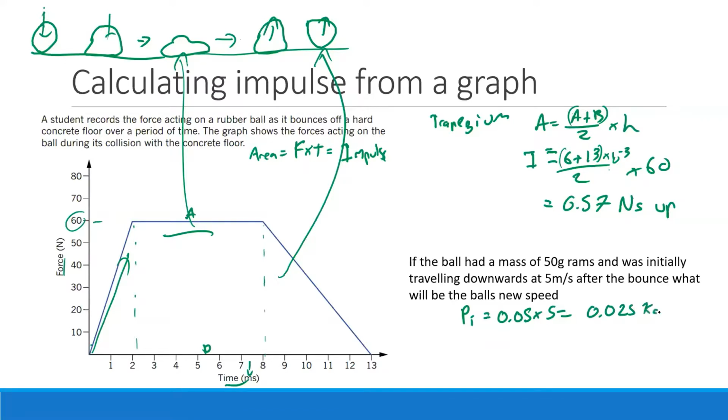I think I got that wrong. 0.05 times 5 is actually 0.25.